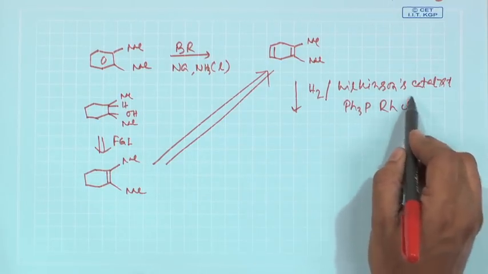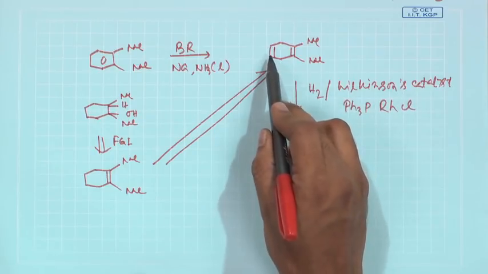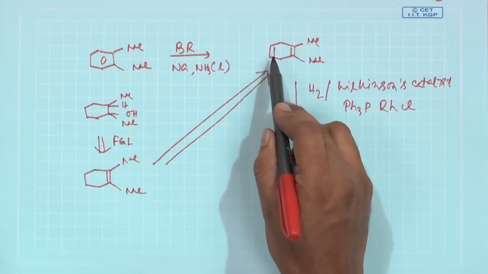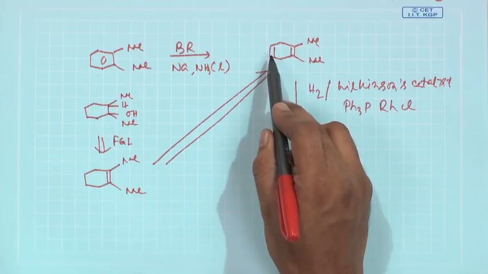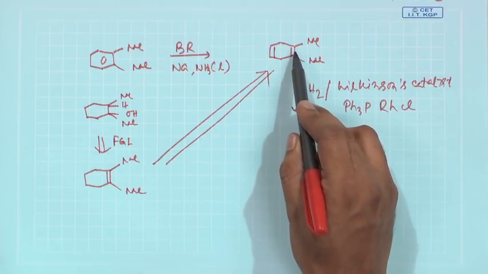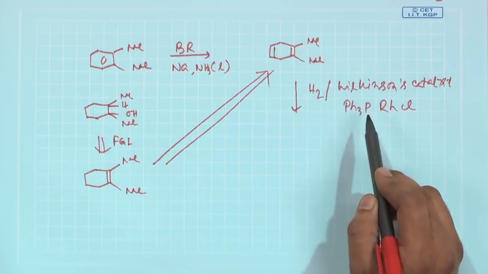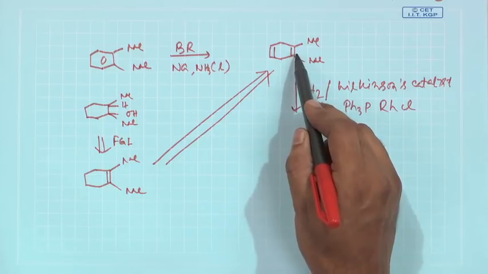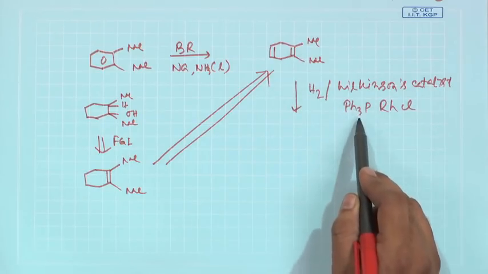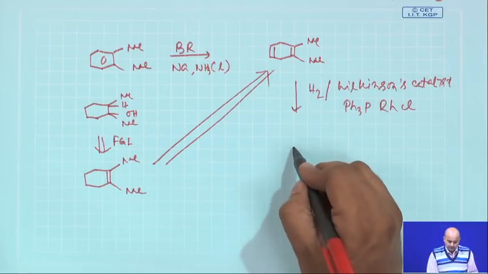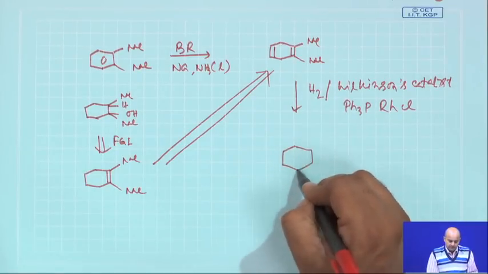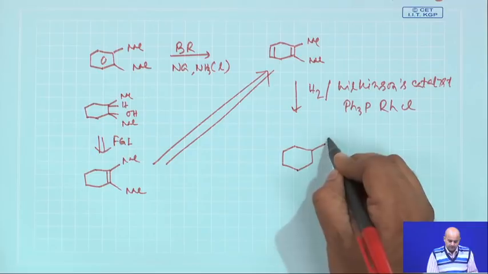As this catalyst is pretty bulky, it will tend to hydrogenate the olefin which is sterically less crowded or less congested. This olefin is very much sterically congested, so the catalyst has to approach this olefinic site, and that is difficult because the catalyst is quite bulky. So, the sterically less congested olefin will be hydrogenated.